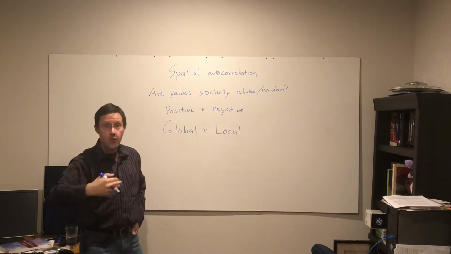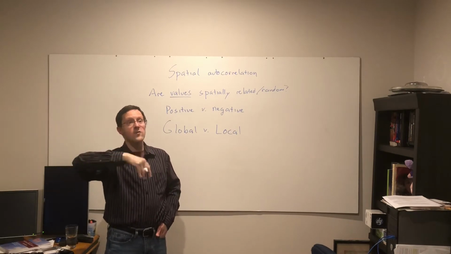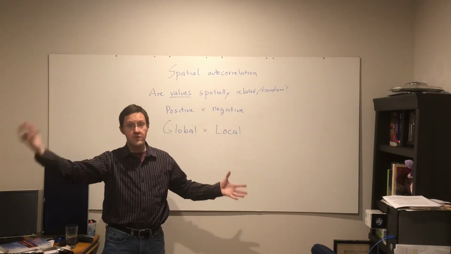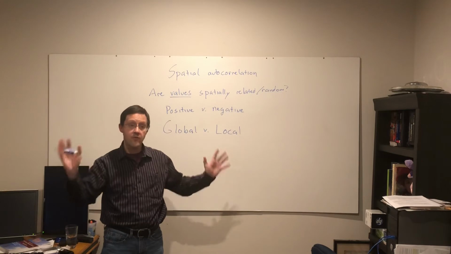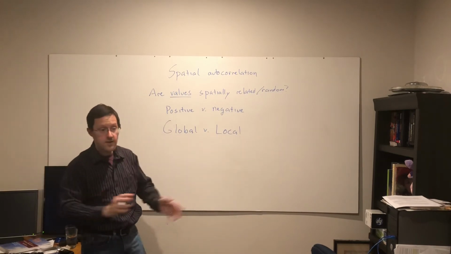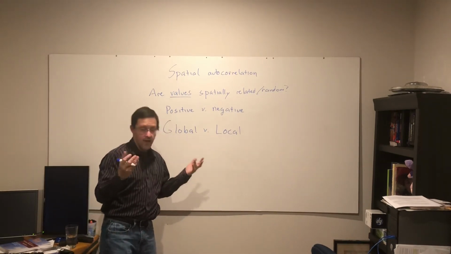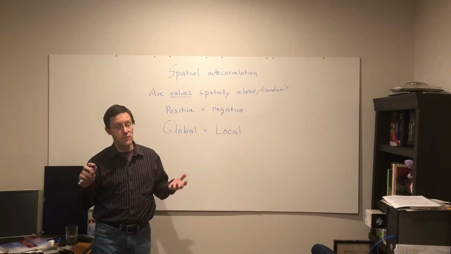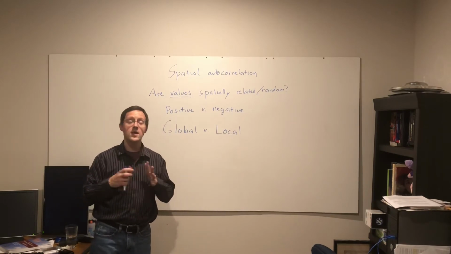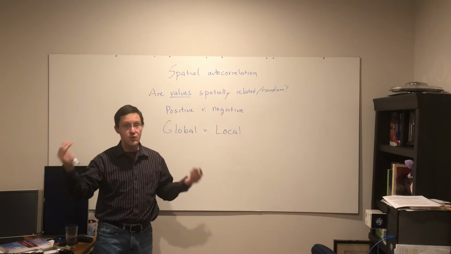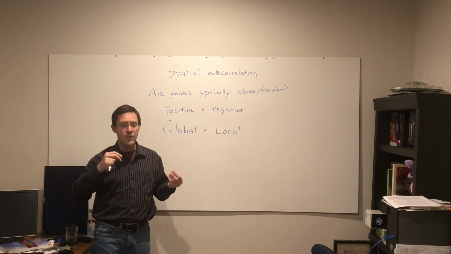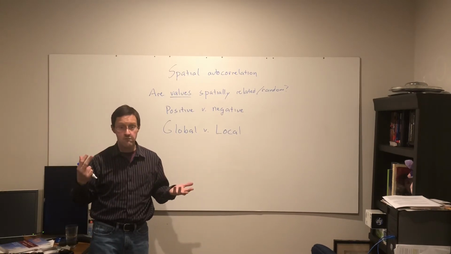The other thing is global versus local. Do I want to have a general picture of the whole study area, the whole state or the whole country? If I am, and we know this for COVID-19, but if we saw a new disease emerge, I wanted to know, is it infectious?